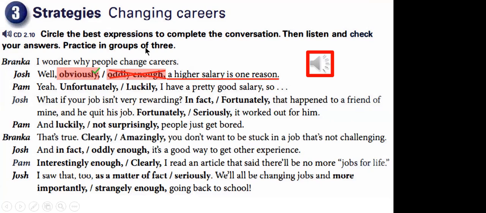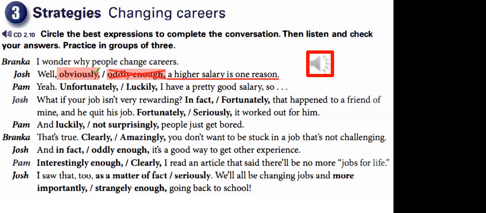I wonder why people change careers. Well, obviously, a higher salary is one reason. Yeah. Luckily, I have a pretty good salary, so... What if your job isn't very rewarding? In fact, that happened to a friend of mine, and he quit his job. Fortunately, it worked out for him.